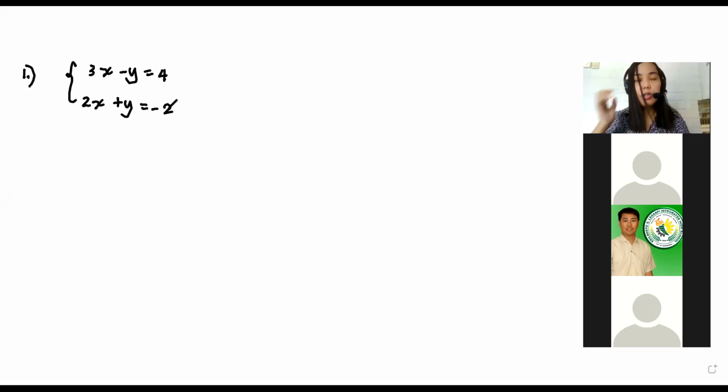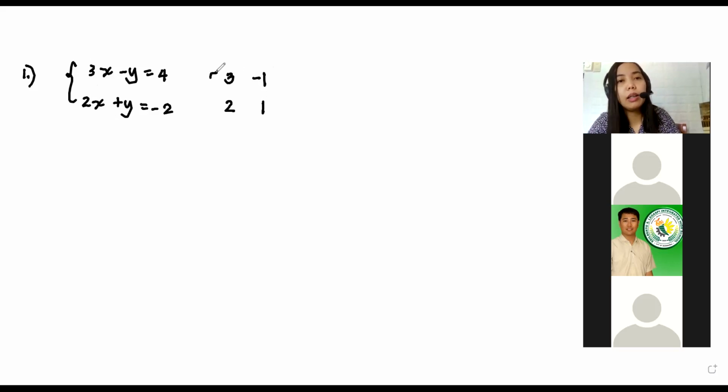Obviously, the given is already in standard form and we're going to write this in matrix form. So we're going to get their numerical coefficients. So we will have 3, 2. Be careful when you write this or get the numerical coefficients, because if there is one mistake, everything will be wrong. So we have 3, 2, negative 1, 1, 4, negative 2.